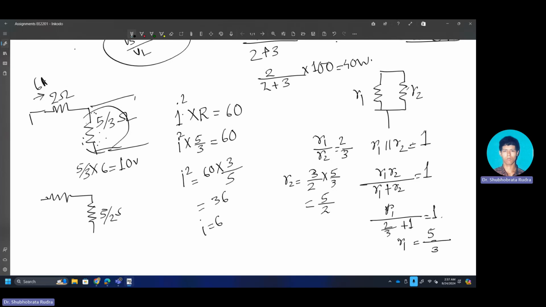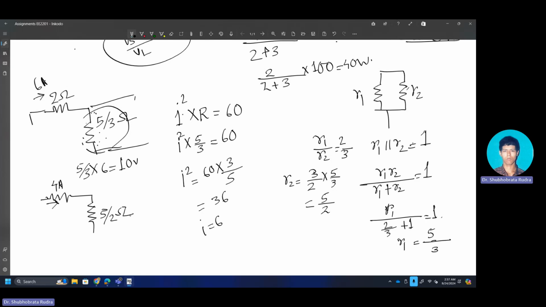Your 5 by 2 ohm, it should be how much? It should be 4 ampere, correct?